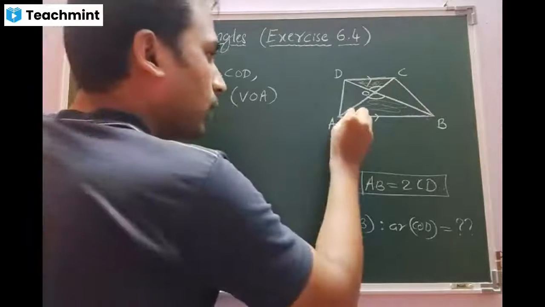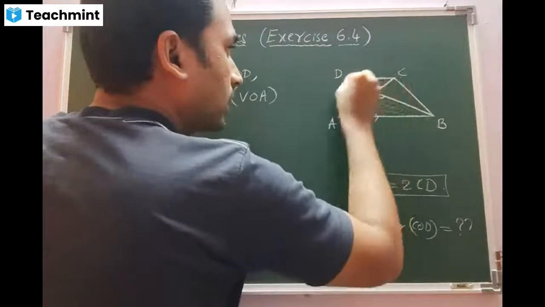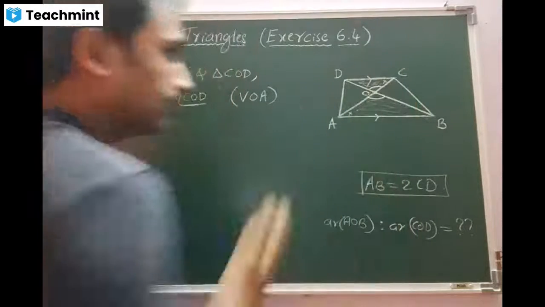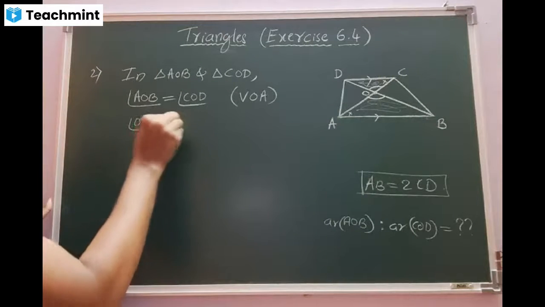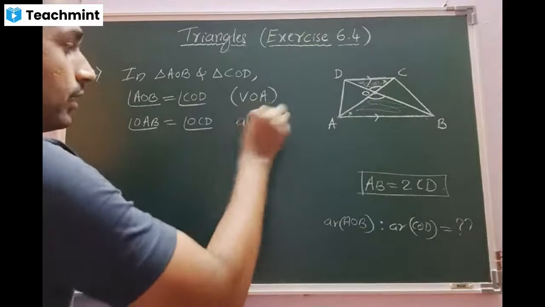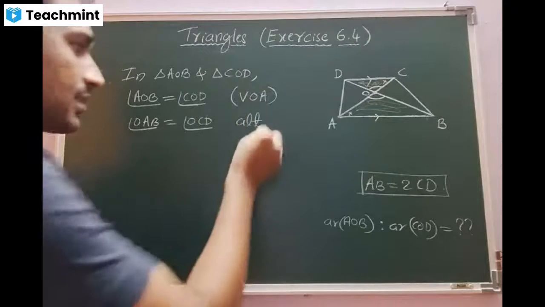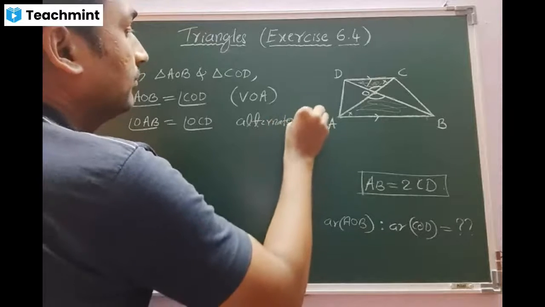One more I can write: angle OAB equal to angle OCD. Am I correct, beta? What is the reason? Alternate interior angles. I'll write it in short.